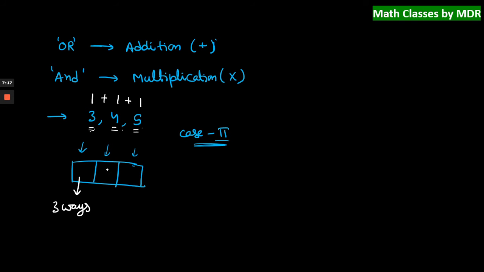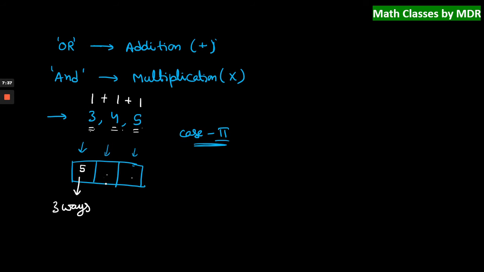Now come to the second digit. If repetition is not allowed, suppose I have used 5 here, I can't use 5 again in the tens place or units place. So I can use either 3 or 4. Only 3 or 4: 3 is one way, 4 is another way, 1 plus 1.